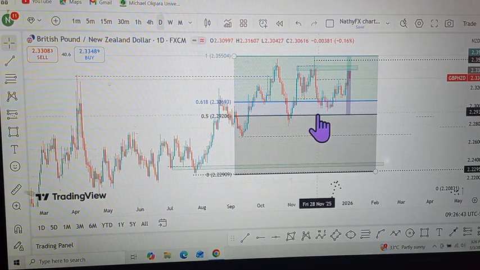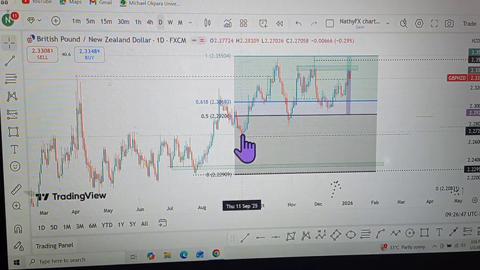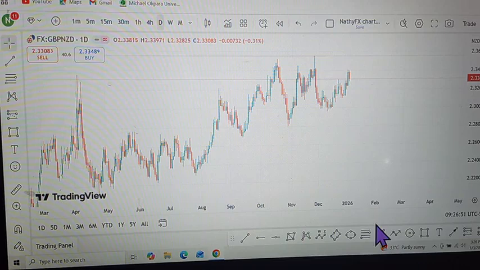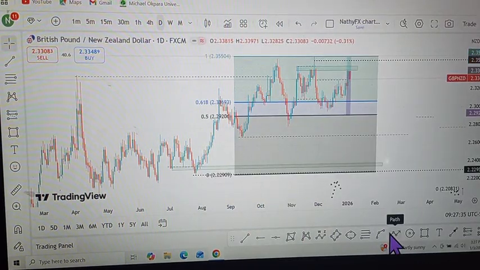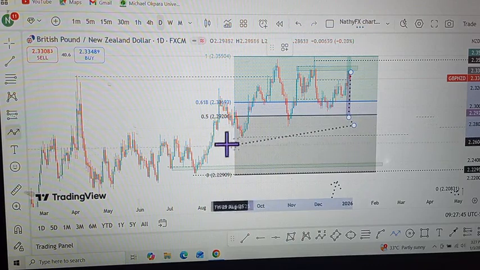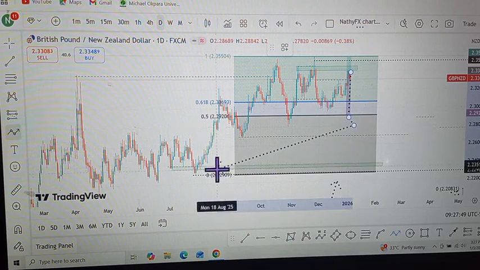So that is how to discover where to trade from. As this one is valid now, if the market comes down to this region below this 50%, then we will start looking for where to buy from.